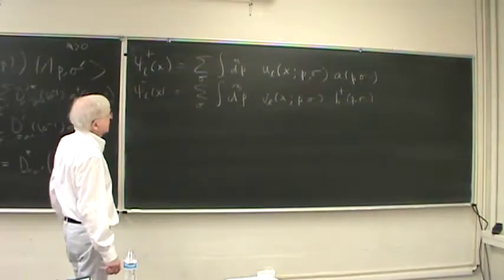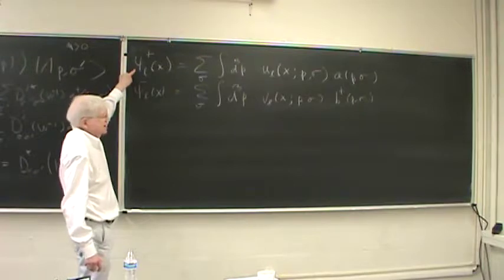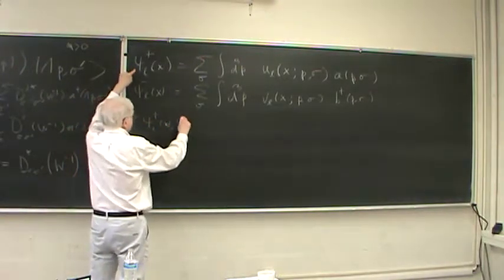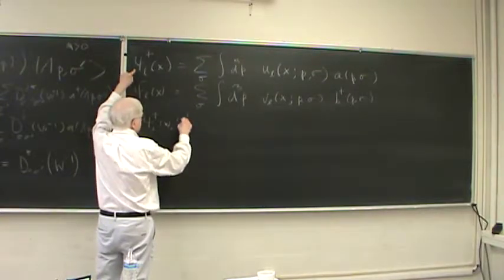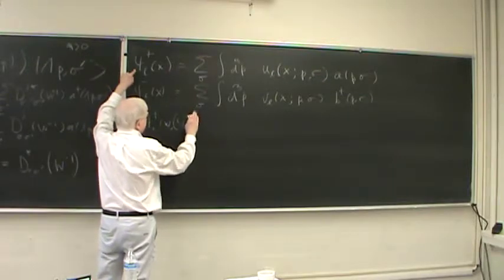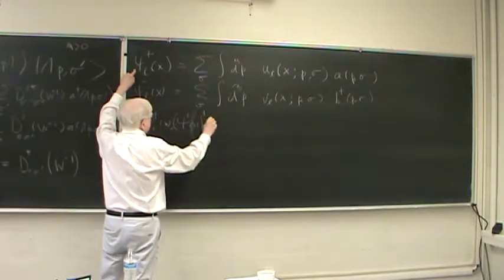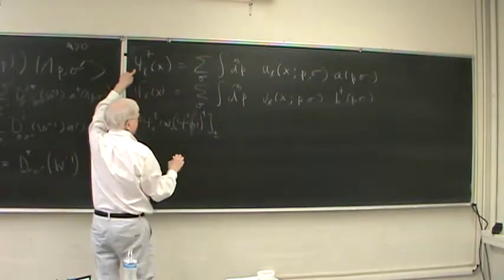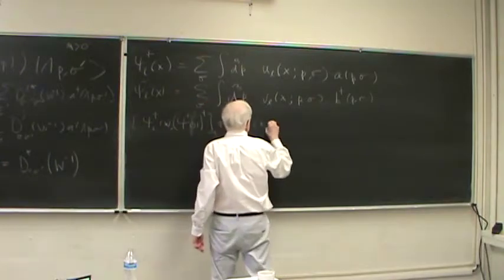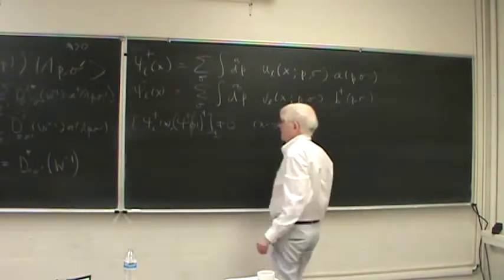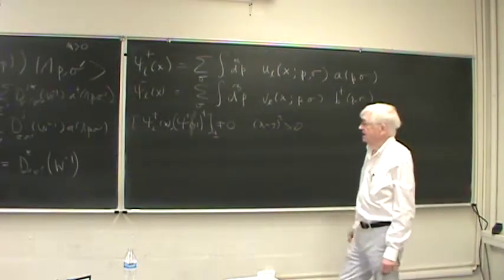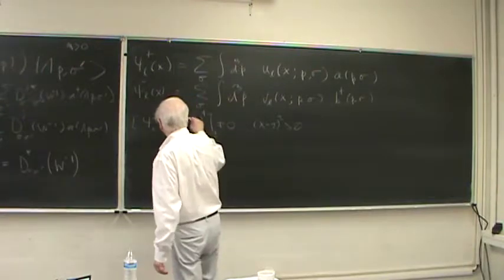It turns out, in fact, if you think about it, psi plus l of x and psi plus l of y adjoint, commutator or anti-commutator, in general is not zero, even for (x minus y) squared positive. And the same thing with a minus here.